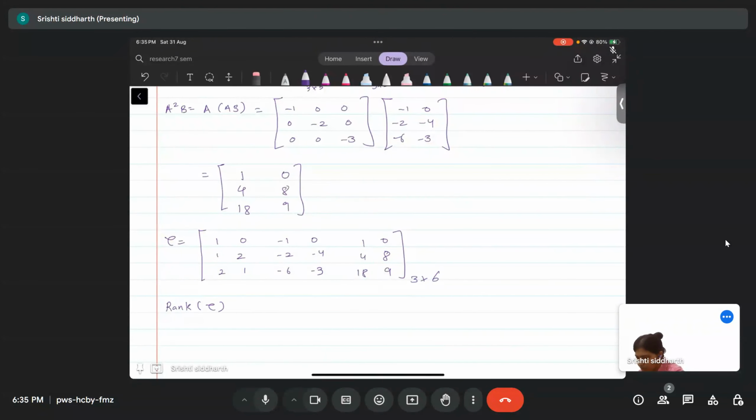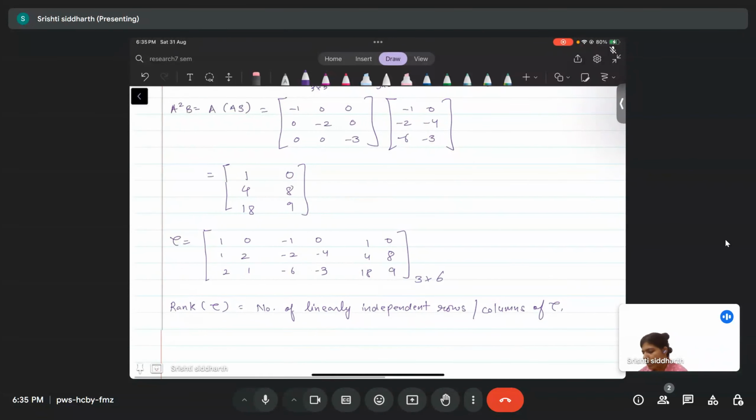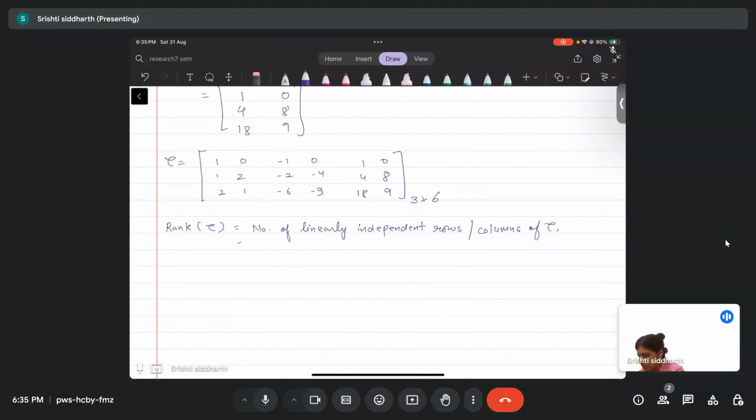If you cannot compute the determinant, it's defined as the number of linearly independent rows or columns of C. And note that this is always going to be less than or equal to the minimum of n and m, where this C matrix contains n rows and m columns.